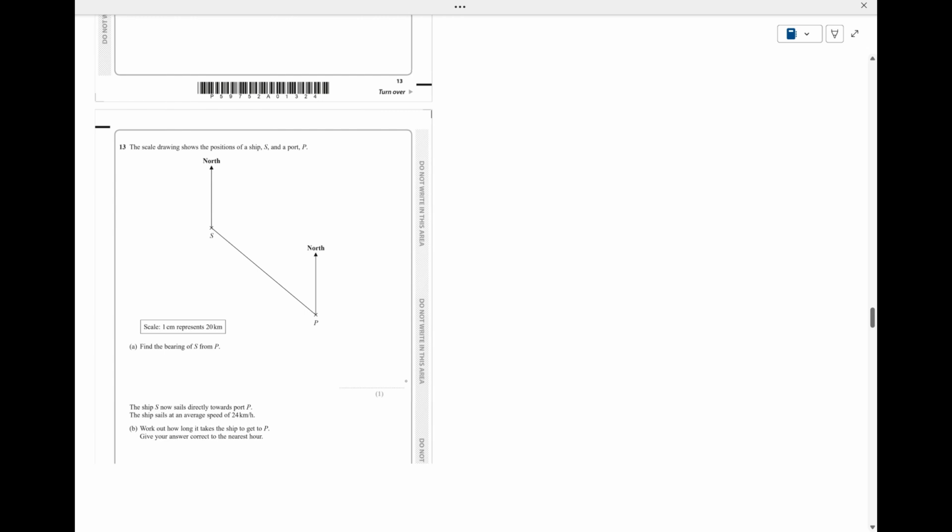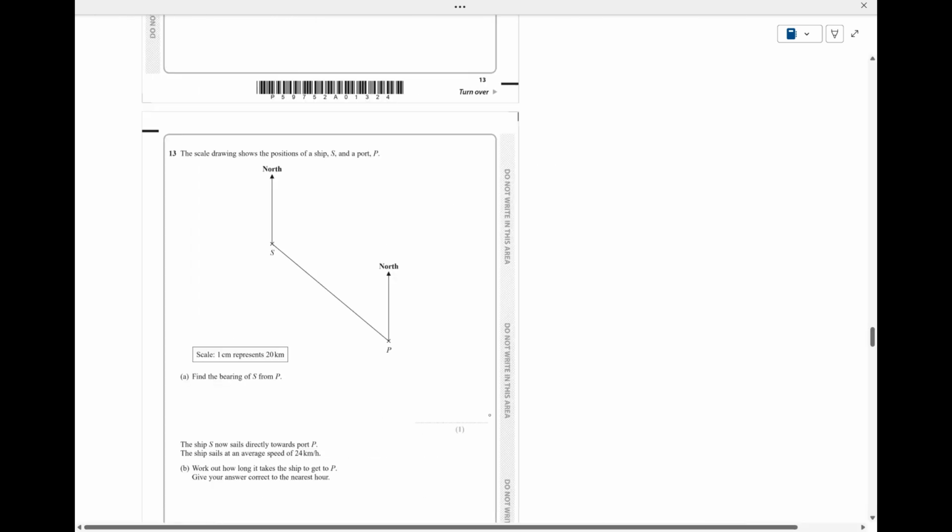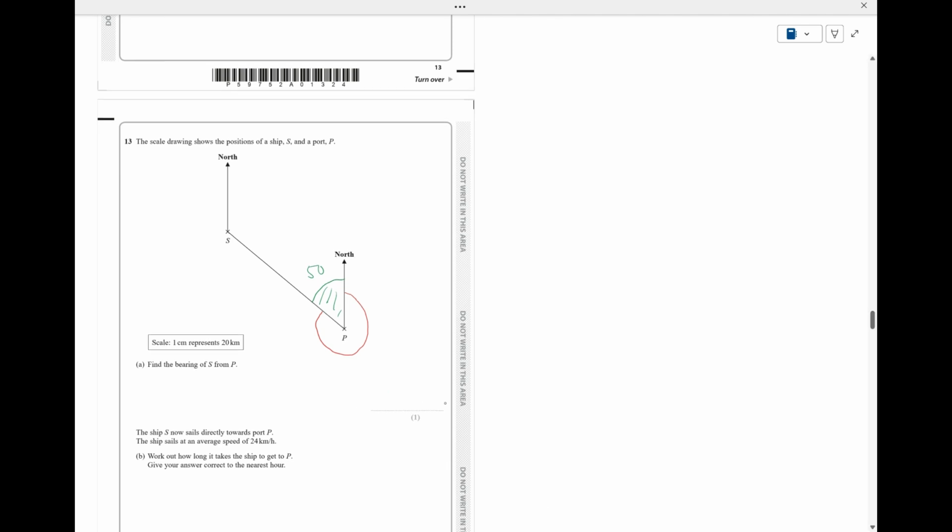So the bearing of S from P, what you have to do is measure that angle, and subtract the green angle from 360. The answer is 310 because that green angle is 50, so the red angle is 310, and it's the red angle that's the bearing of S from P. They would have accepted anything from 308 to 312.